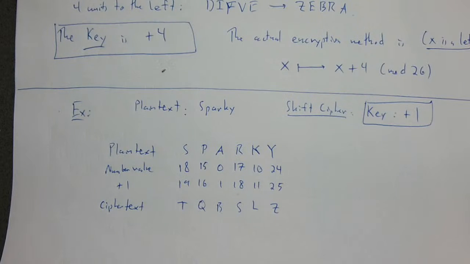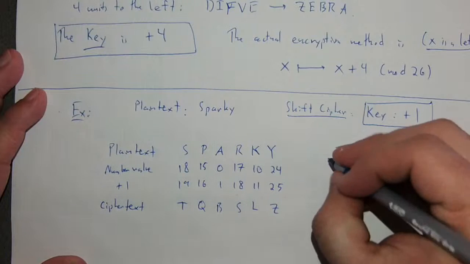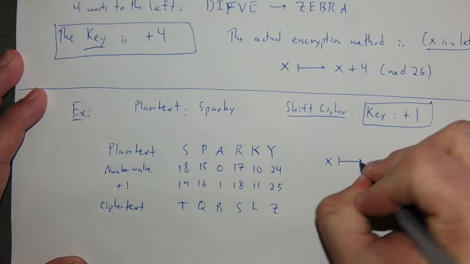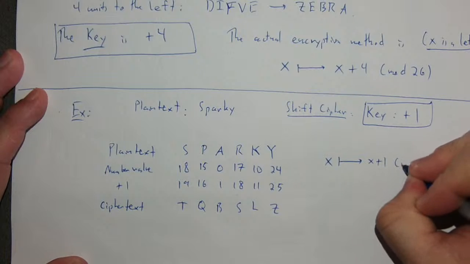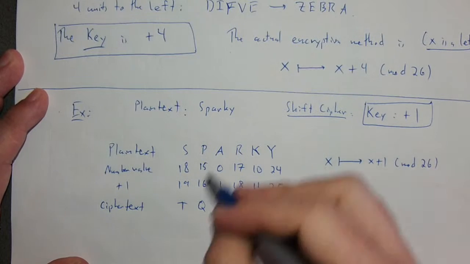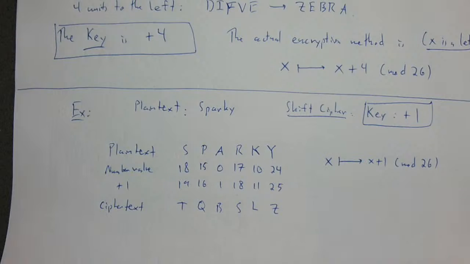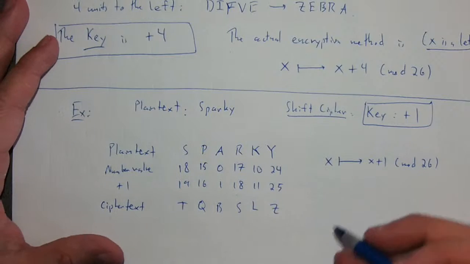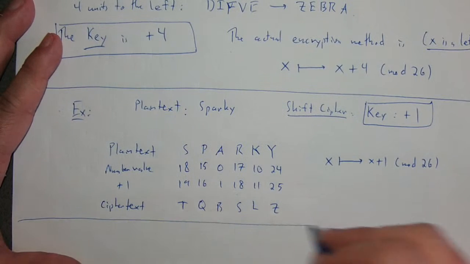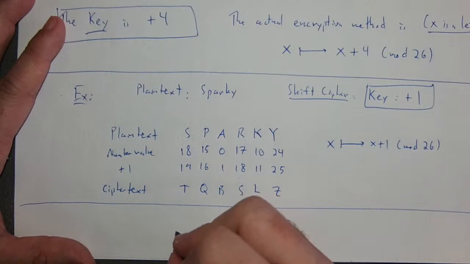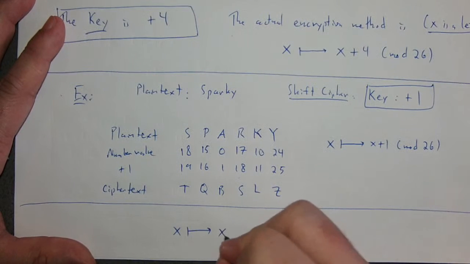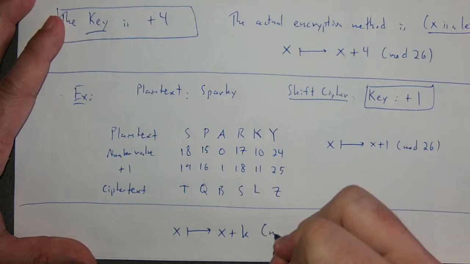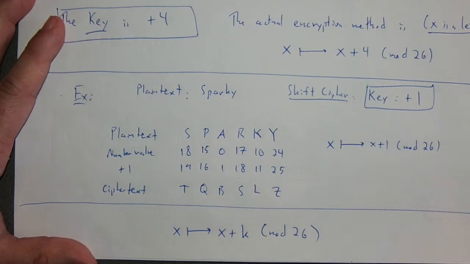So what we've done here is take X and shift it to X + 1 mod 26. Here we had no overflow, right? There was nothing that added up to be 26 or greater. The general process, of course, that we're using is X gets sent to X + K mod 26, where K is the key.